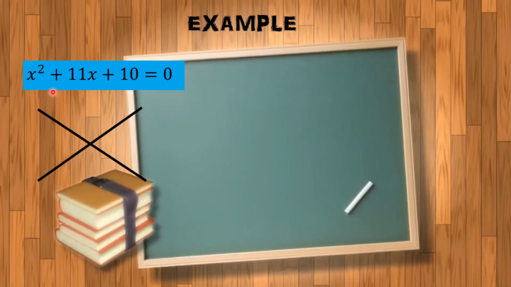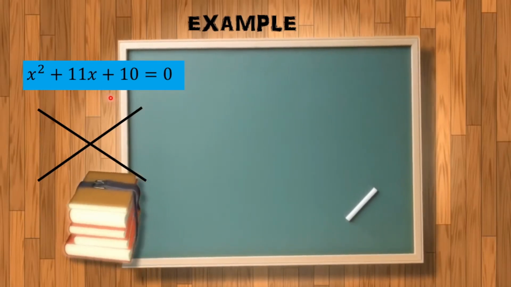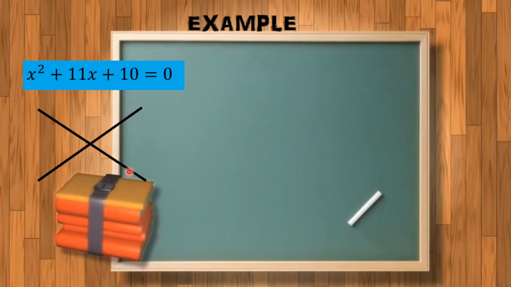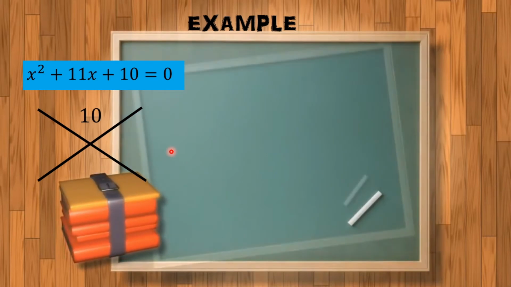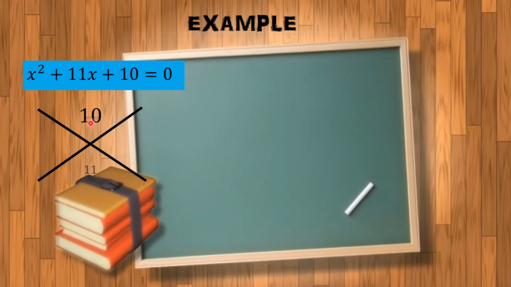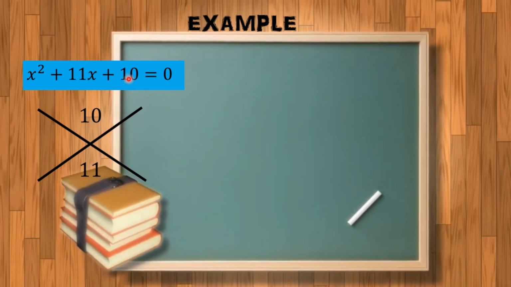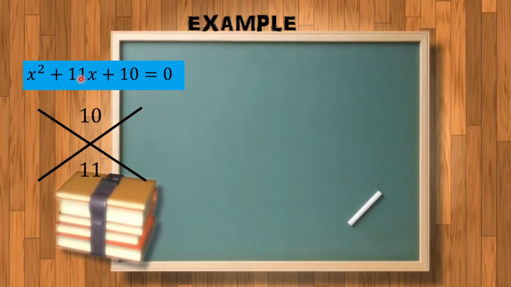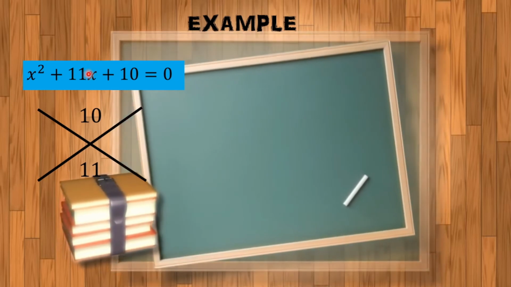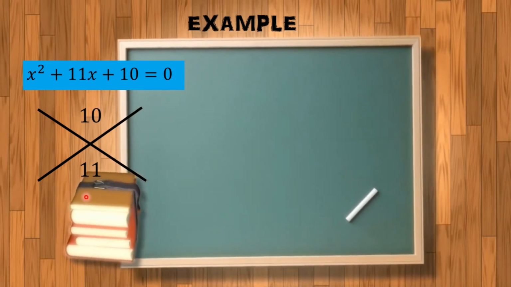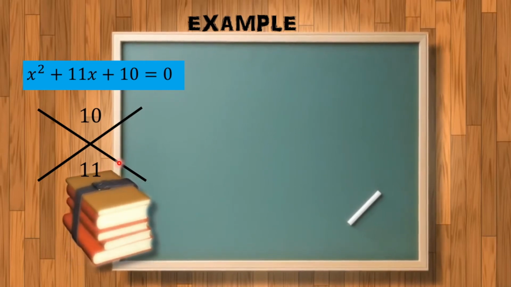To factor x squared plus 11x plus 10 is equal to 0, I suggest to draw an x here, and let us put the 10 in the upper part and 11 on the lower part. 10 is the constant or the value of c here, and 11 is the numerical value of the middle term, which is b.